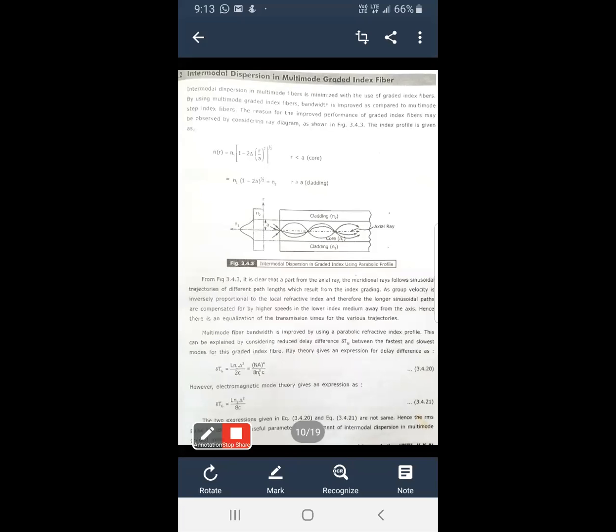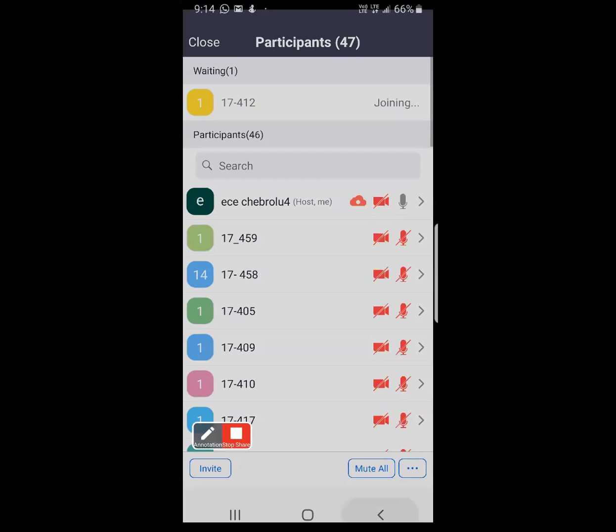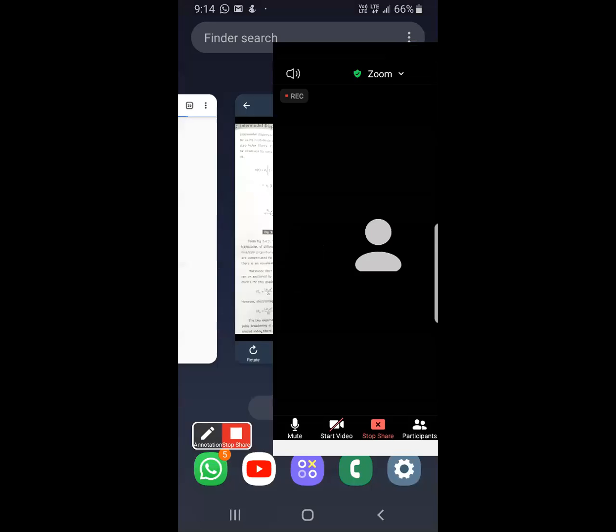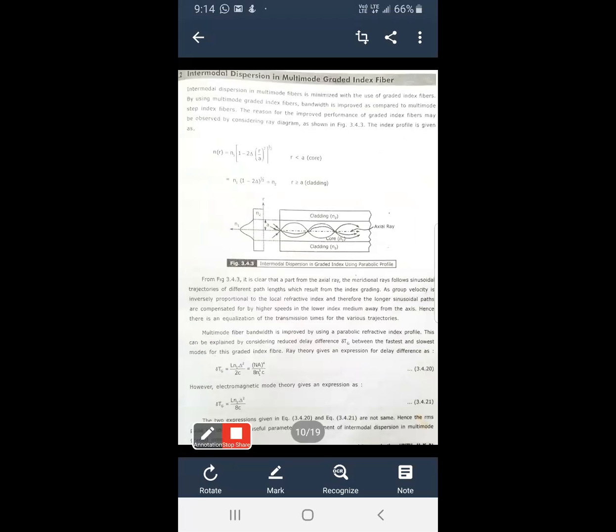If you consider the difference between the fastest and slowest modes in the gradient index fiber, then ray theory describes this as L by 2c.